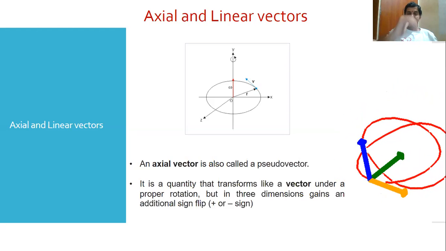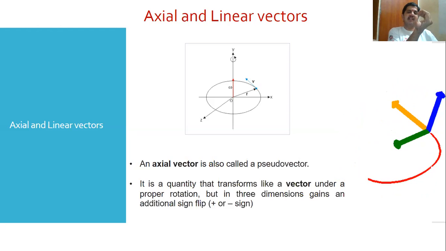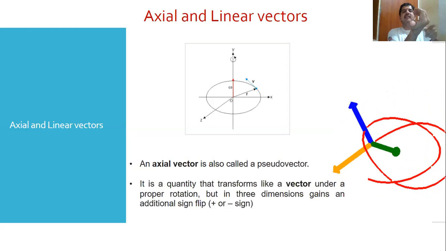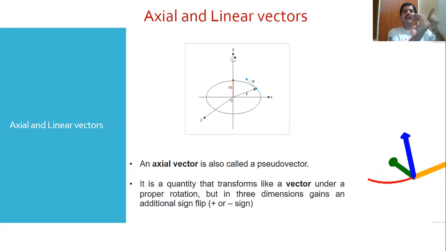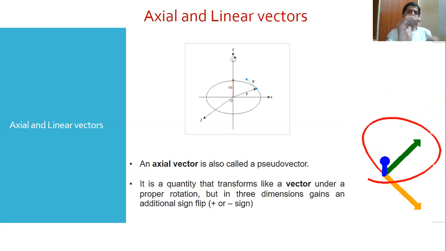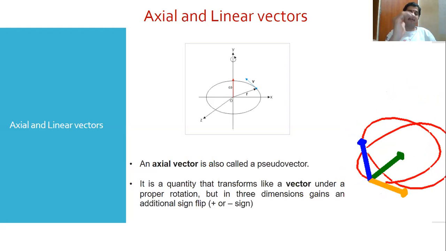Now, let us take up one more case. Let us say the curl is like this, towards you. How is the axial vector directed? The thumb is directed towards you. The particle is moving in this direction, indicated by the fingers, and thus the axial vector is directed towards you. Now, if I flip my hand like this, the particle is moving in the anti-clockwise direction, and the axial vector is directed away from me.